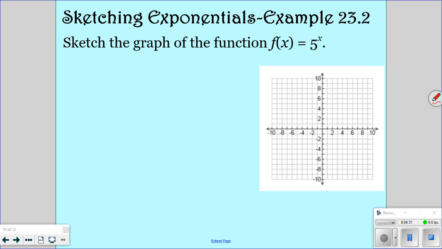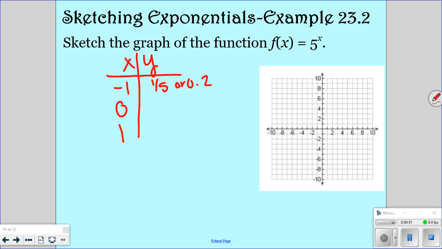So now we're going to sketch this one, 5 to the x. So you're going to plug numbers in for your x. So again, the numbers that you want to pick are 0, 1, and -1. So if you plug in -1, you should get 1/5, or 0.2.